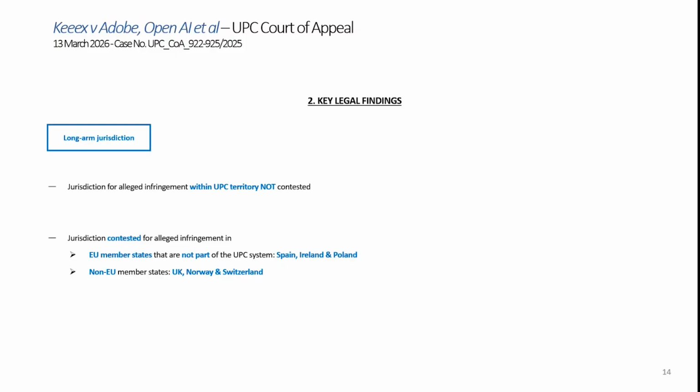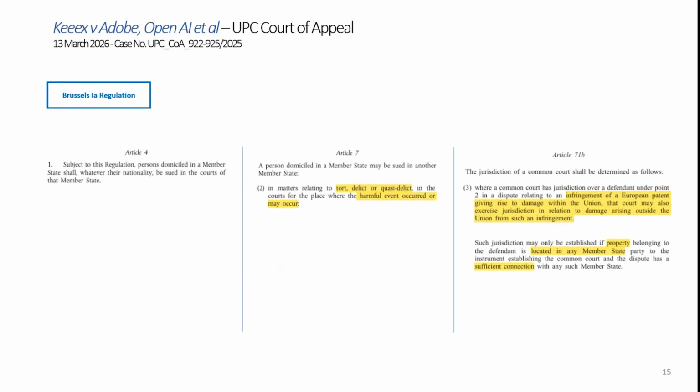If I remember correctly, 6 of them were based in the US, and the rest of them was based in Ireland, which is EU but non-UPC. Again, none of them was based in UPC territory. So the question was here, can the court assume jurisdiction, long-arm jurisdiction, against defendants that are not domiciled within UPC territory for the infringement of patents that have been granted and are in force again outside of the UPC territory? And the answer of the court here was a clear no, as we said.